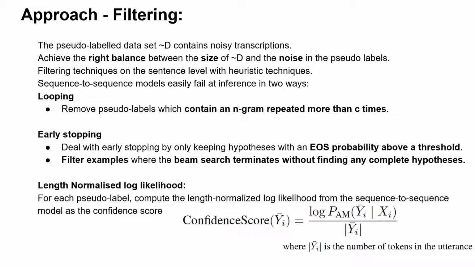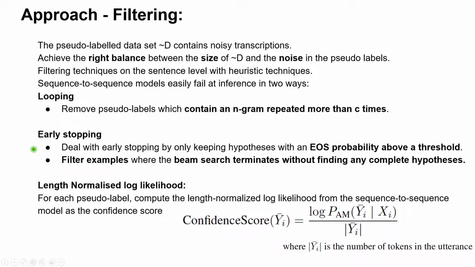In speech, there are two common errors where inference fails: one is looping and the second is early stopping. In looping, a phoneme or character is repeated by the ASR system. So we want to remove the pseudo labels which contain n-grams repeated more than, let's say, 2 or 3 times.